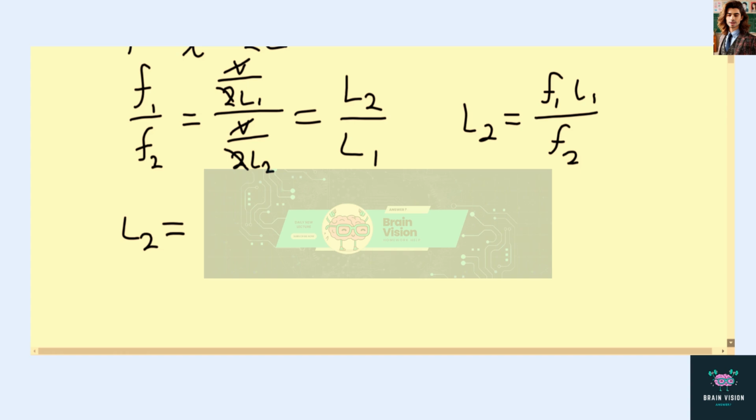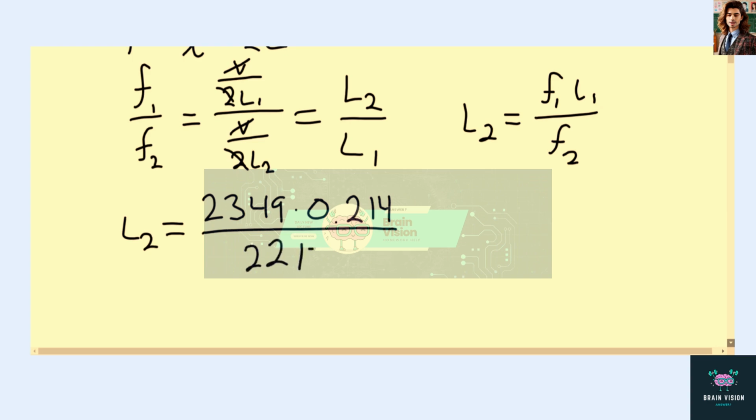F1 is equal to 2,349 times L1. We want to put L1 in meters. They gave it to us in centimeters. So in meters, it is 0.214. You divide that by F2, which is 2,217.